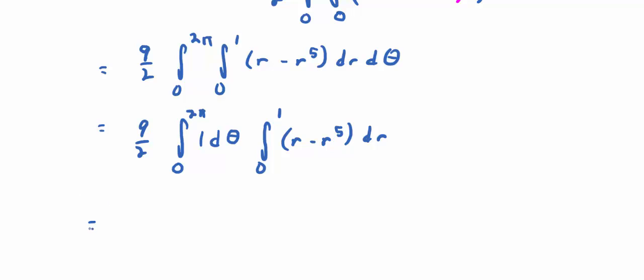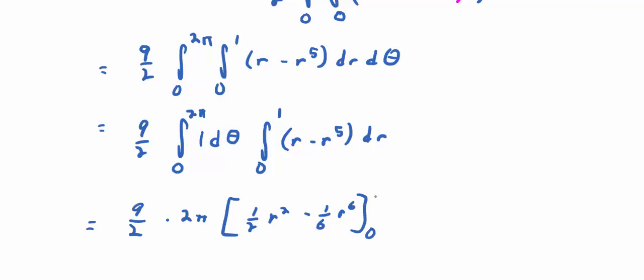Okay, so what do we get for this first integral? What's the integral 0 to 2 pi of 1 d theta? Just 2 pi, right? So it'd be 9/2 times 2 pi times, okay, integrate this. What do you get? 1/2 r squared minus 1/6 r to the 6th. Evaluate from 0 to 1.